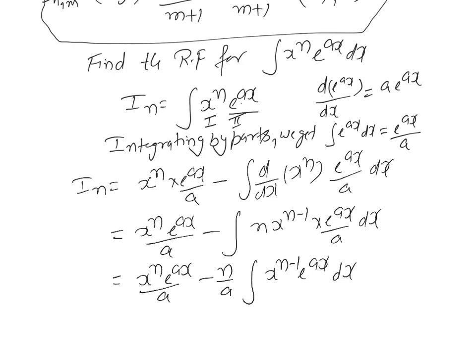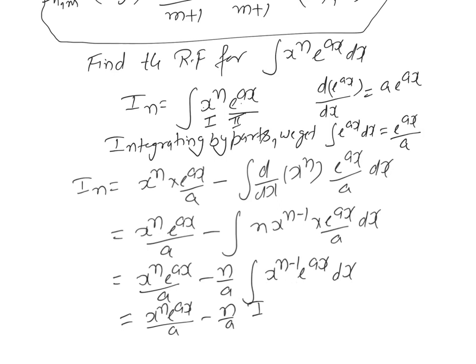Now I am going to write in the subscript notation. This is further equal to x raised to the power n, e raised to the power ax by a, minus n by a, I. Now see, here the power was x raised to the power n, and now x raised to the power n has been reduced to n minus 1. E raised to the power ax is the same.